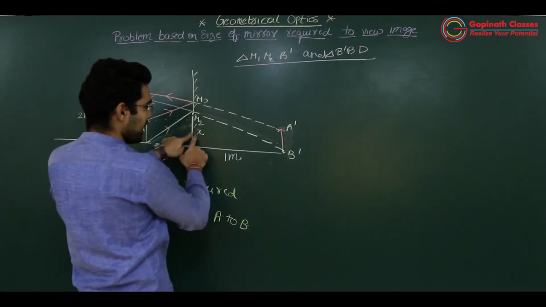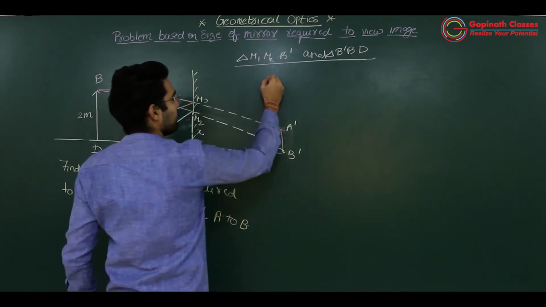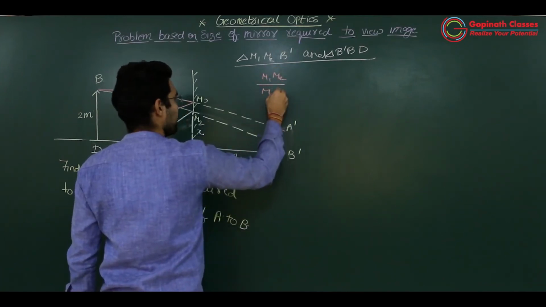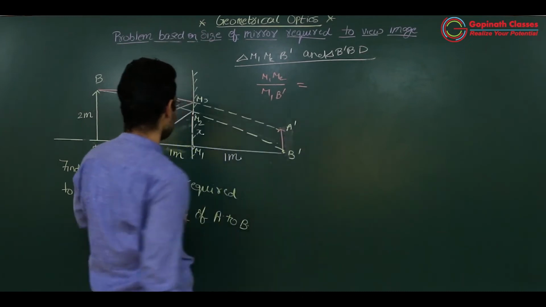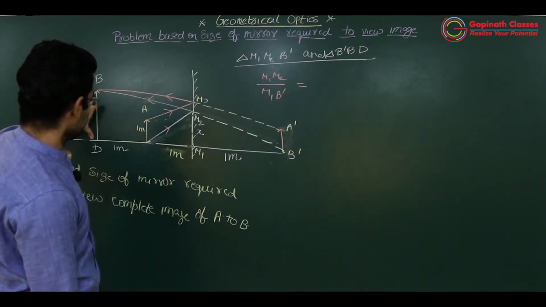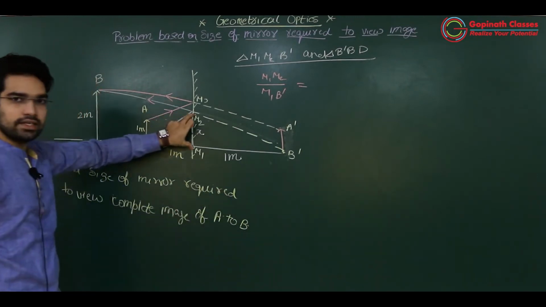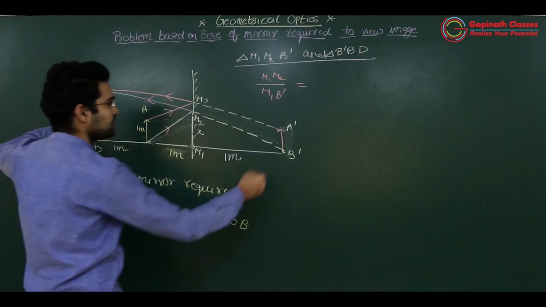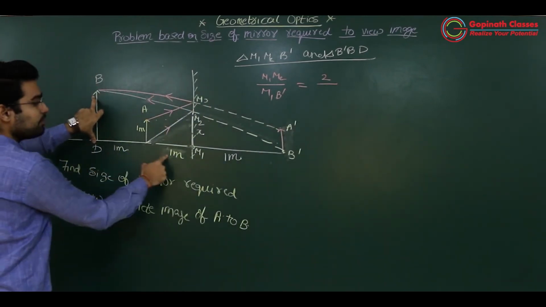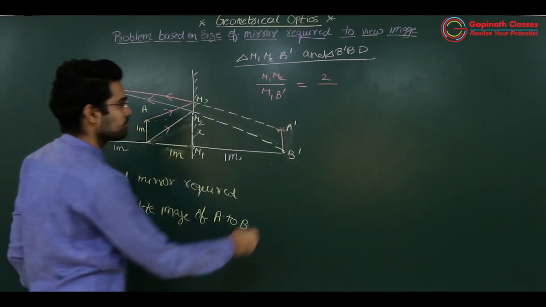So we can directly say x by 1, that is M1, M2 by M1, B dash, is equal to 2 meter, the height of B, divided by the total distance, which is 1 plus 1 plus 1, 3.